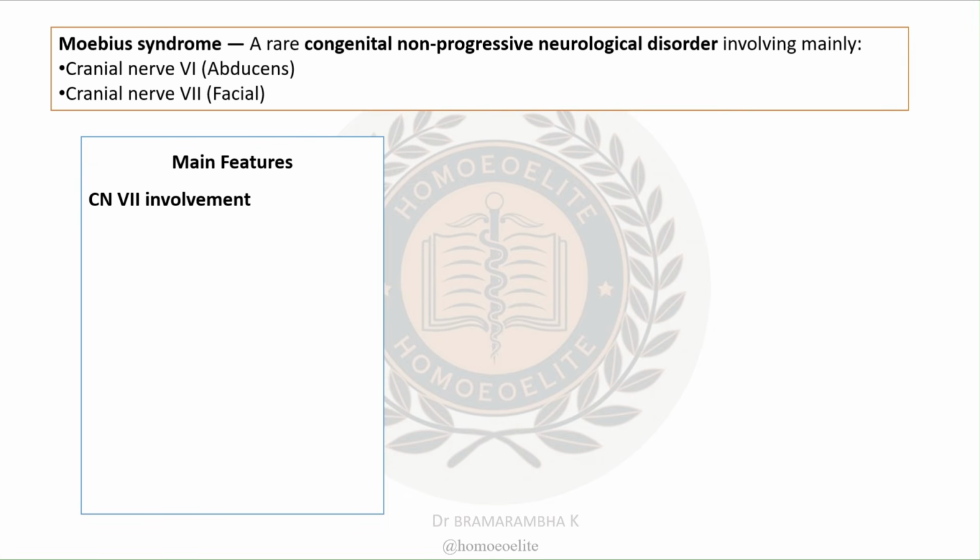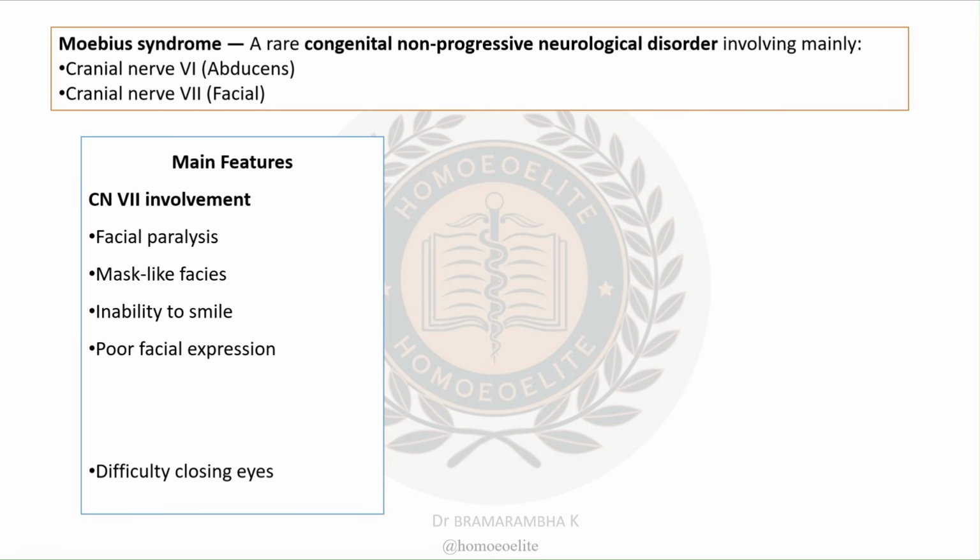The main features of cranial nerve involvement are facial paralysis, masked face, and inability to smile. Masked face is nothing but an expressionless face. Also inability to smile, poor facial expression, and difficulty closing eyes.